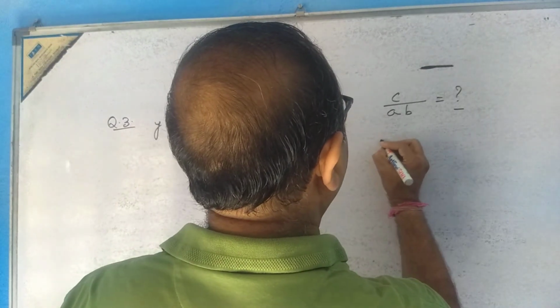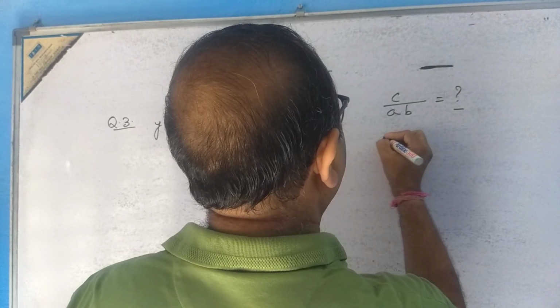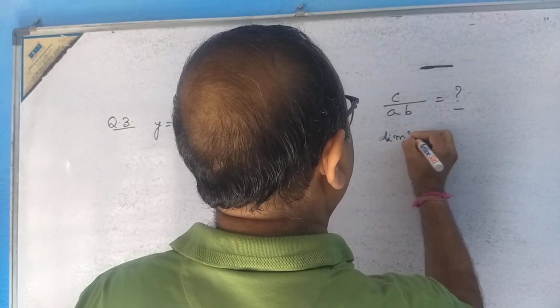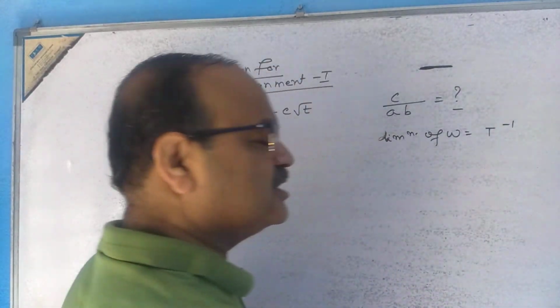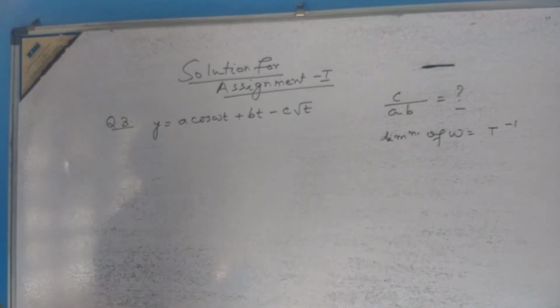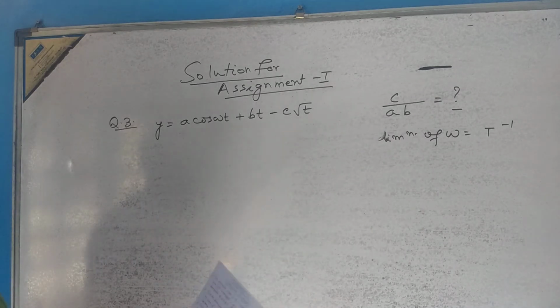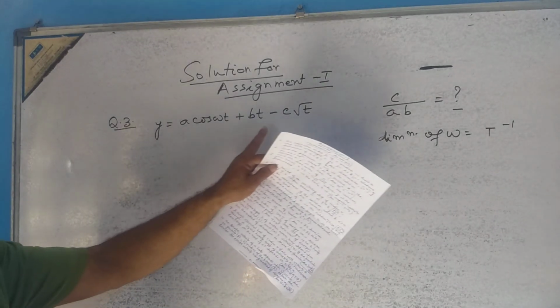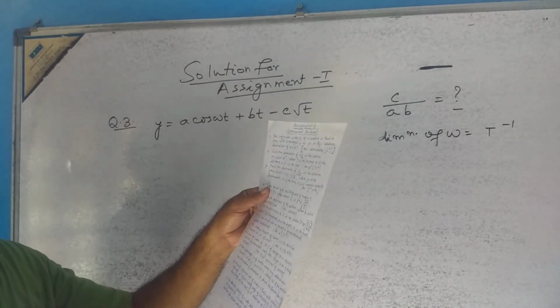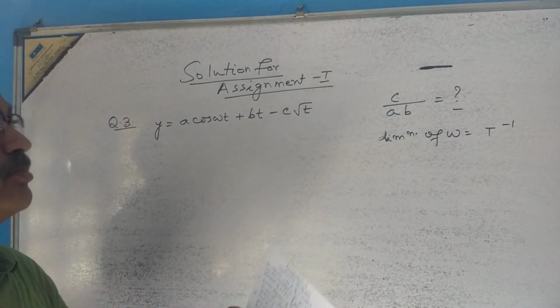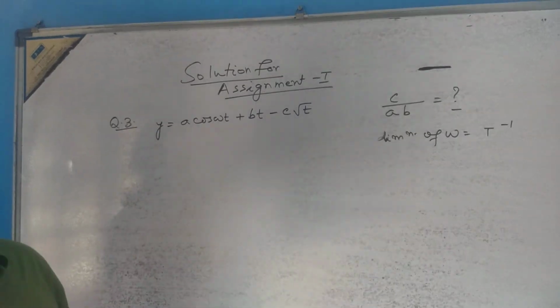Look, the dimension of omega should be T to the power minus 1, all of you know it. This formula has been given as an authentic formula, so it must be dimensionally correct.